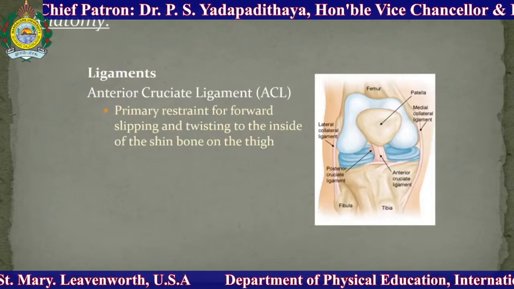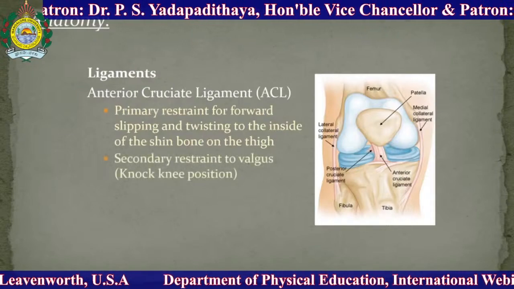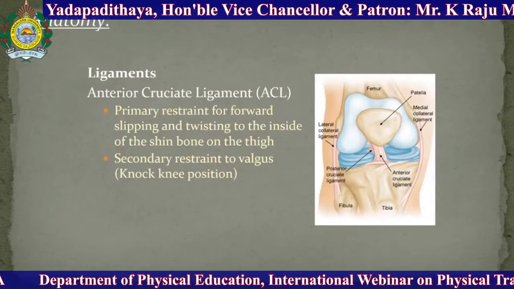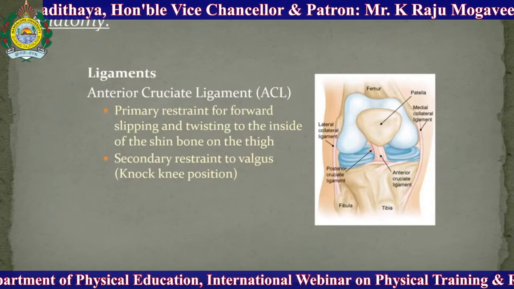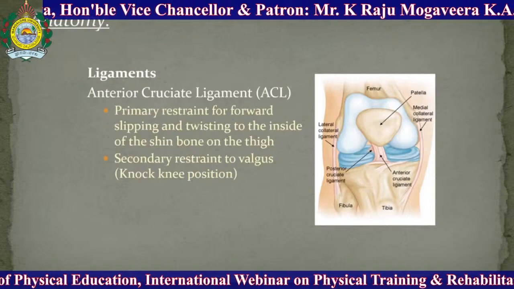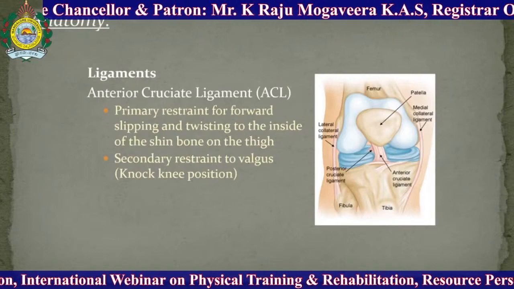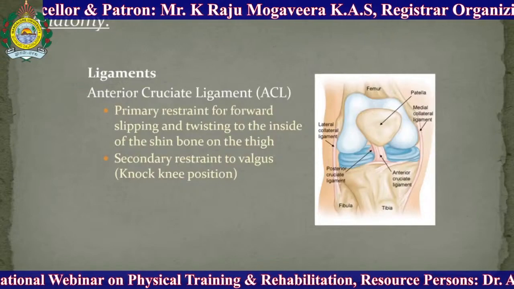It also is involved a lot with restraint of a knock-kneed or valgus position, and we'll talk about how that valgus position can be combined with some rotation here in a bit and make it even more compromised.